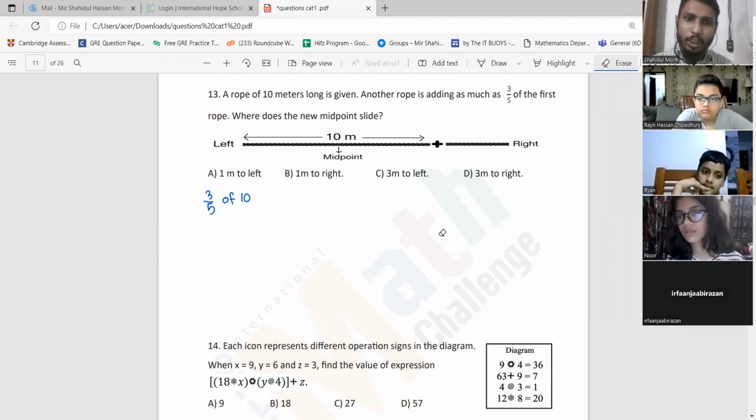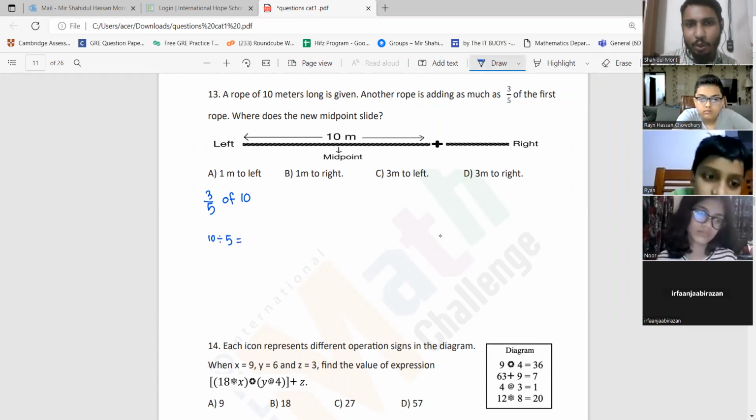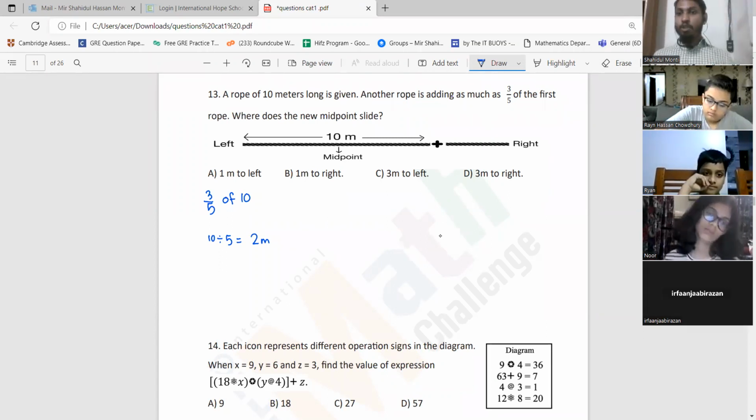So what do we do here? 3/5 of 10 means first we take 10 and we divide it by 5. So each part is equal to 2 meters. First you take the total length and you divide it in 5 parts. So each of the lengths is equal to 2 meters.